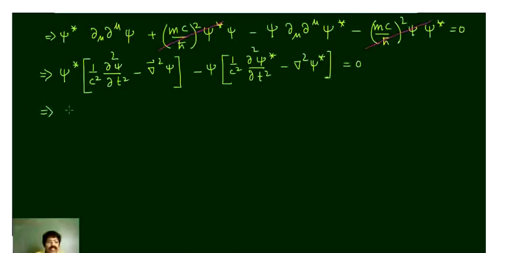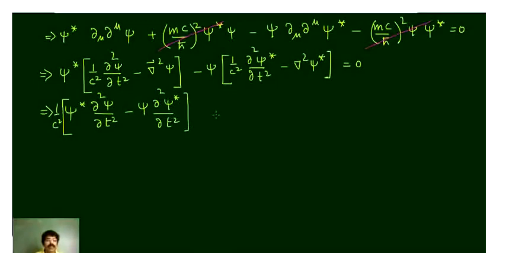Now let's collect the time and space parts separately. So 1/c² is outside: psi star ∂²psi/∂t² minus psi ∂²psi star/∂t², minus psi star ∇²psi plus psi ∇²psi star, equal to 0.